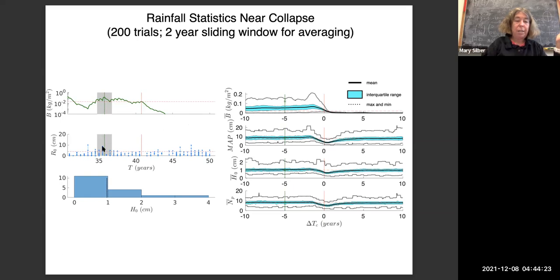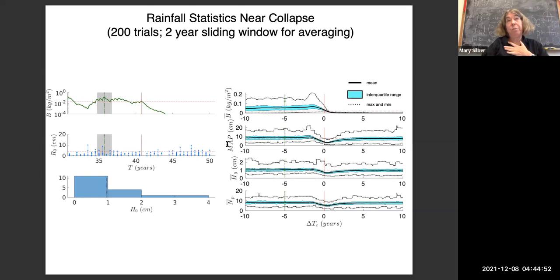And we can look over the time period in these 2-year windows at what the rainfall is and what the typical storm strength is. And so what we find, putting this all together and lining up all of the simulations, calling t = 0 when the collapse happened, was that the collapse was associated with a drop in the mean annual precipitation.